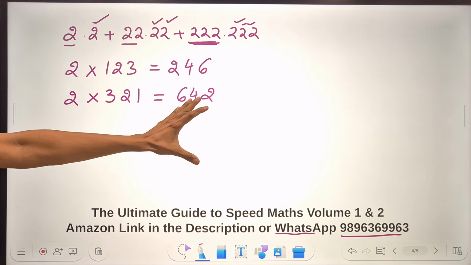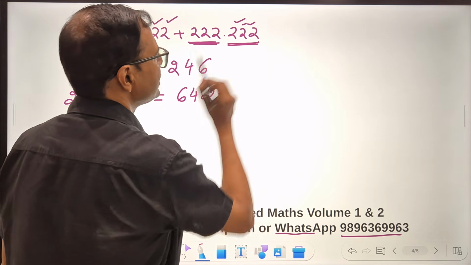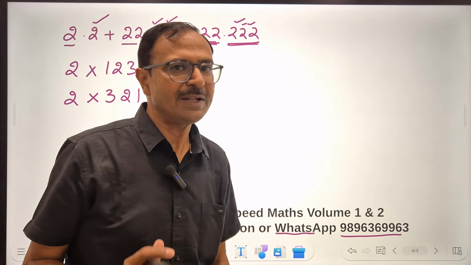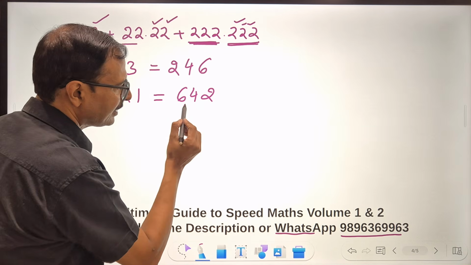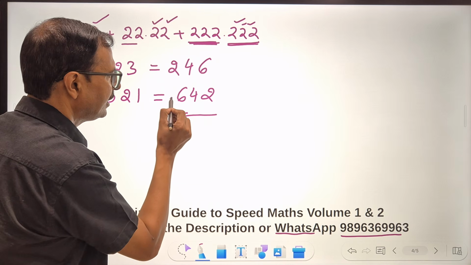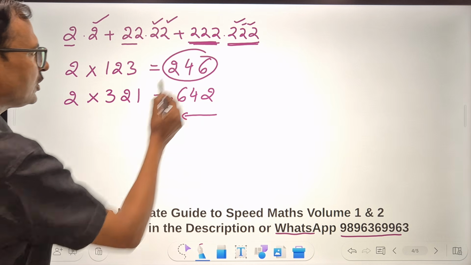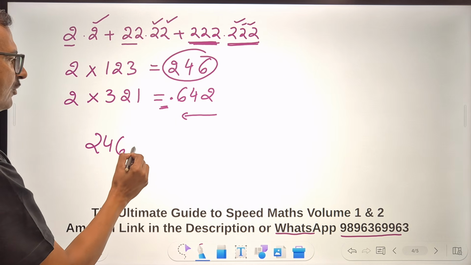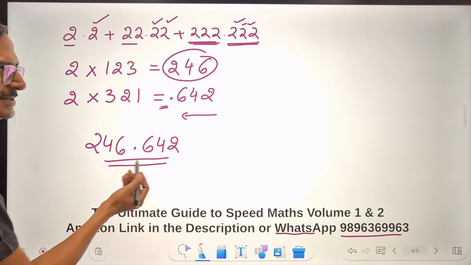Now what should I do with these numbers? Since here we have 3 digits after the decimal, the maximum number of digits is 3. So what do I do? In this number, I will put a decimal here, and since there is nothing before this, the first number 246 comes as it is, followed by the decimal and then 642. This will give me my answer.